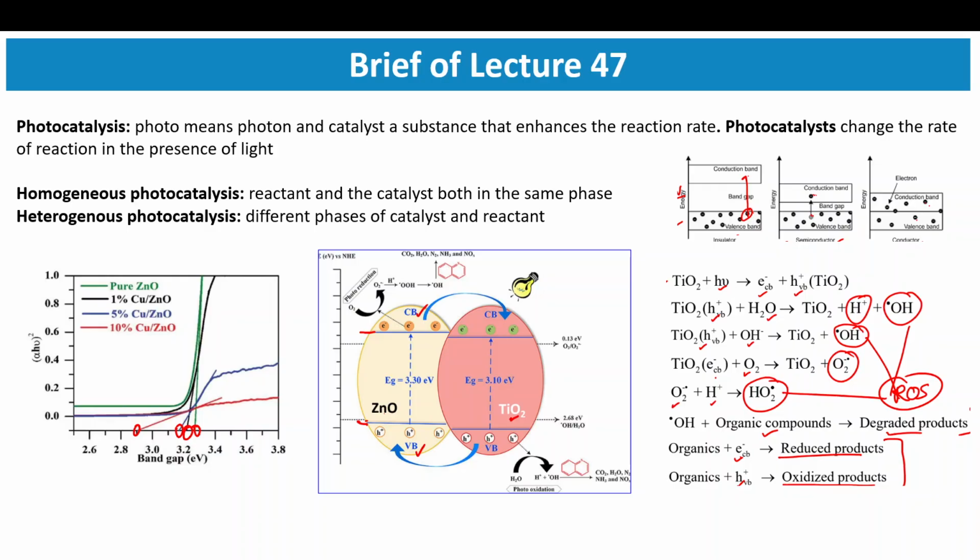So here the reaction takes place in the presence of photon, and the purpose of using photon or light is the further enhancement of catalyst activity. Photocatalysts are nothing but catalysts which are active only in the presence of light, right?